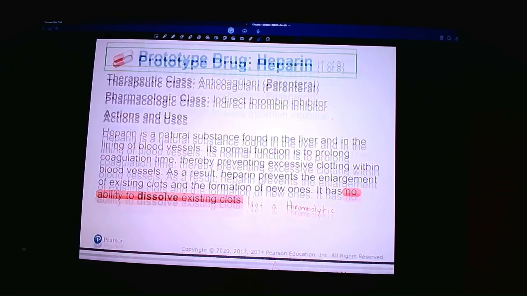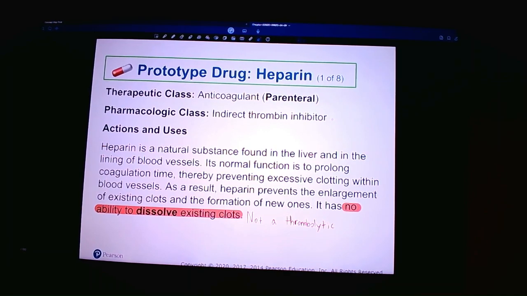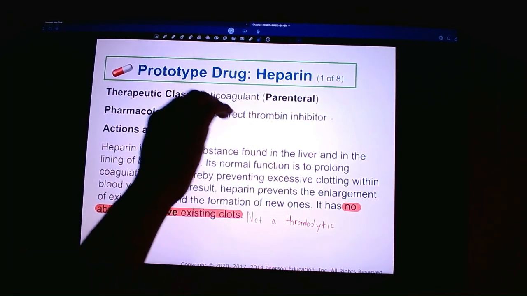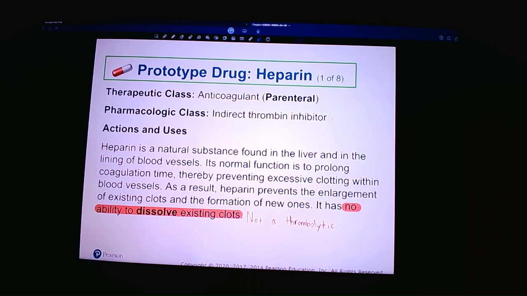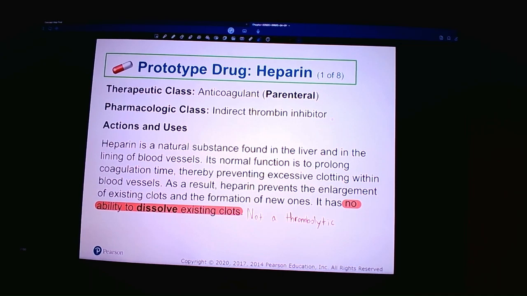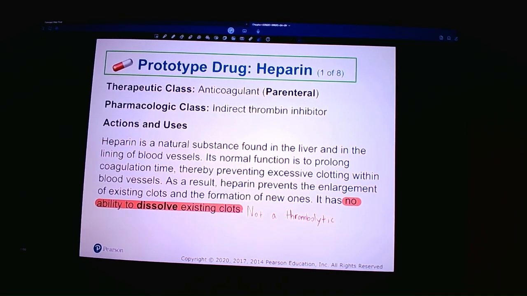So here's heparin, still part of our anticoagulants, but in a blue box, and you'll understand why at the end of these anticoagulants, why they're in a green box. As for its action, heparin binds with a specific enzyme, antithrombin 3, and it enhances the ability to keep clots from forming or getting bigger.